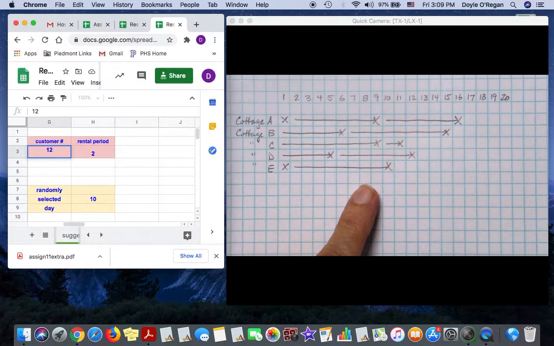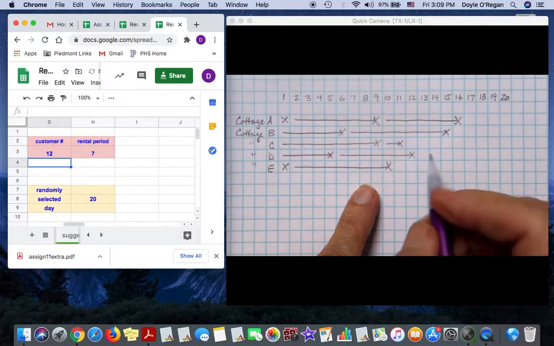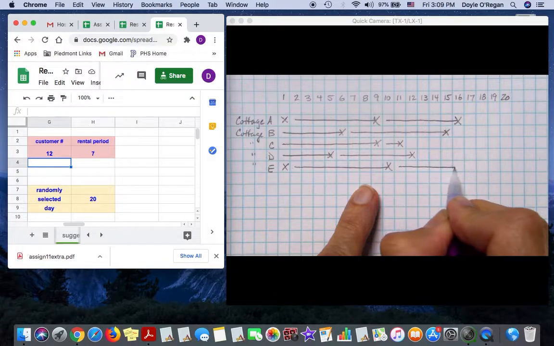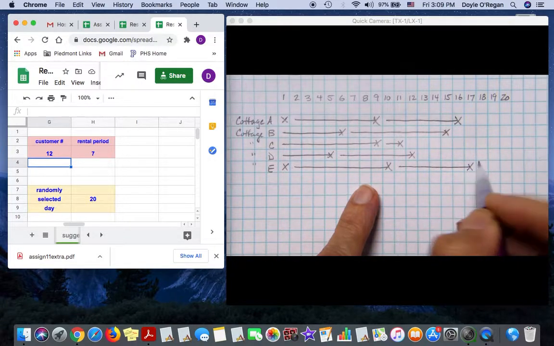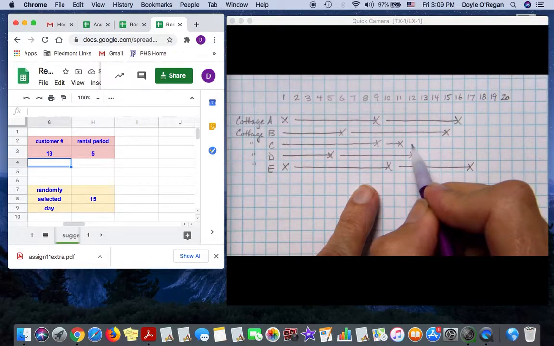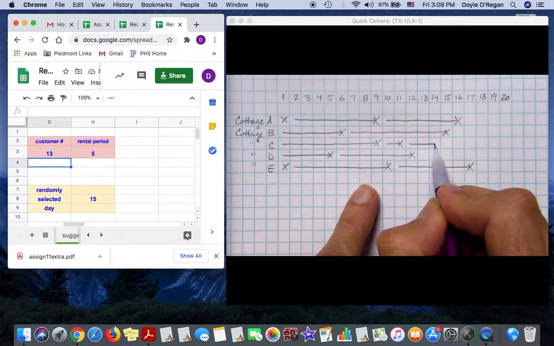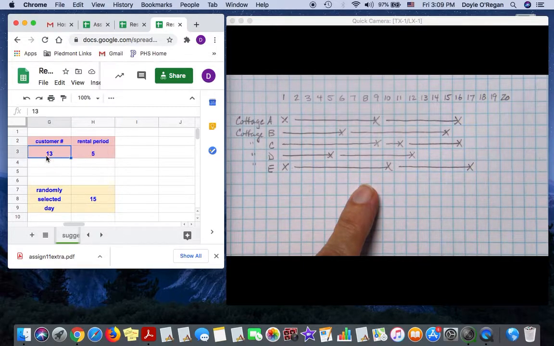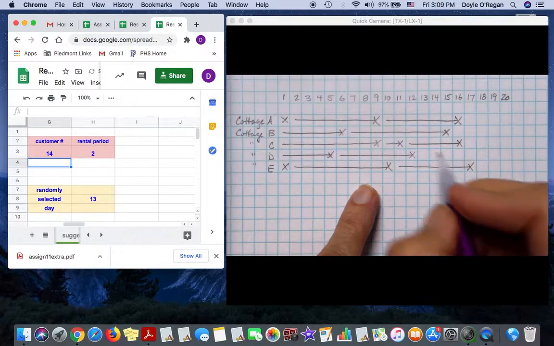Customer 12, 7-day stay. 1, 2, 3, 4, 5, 6, 7. Customer 13, 5-day stay. Okay. 2, 3, 2-day stay.